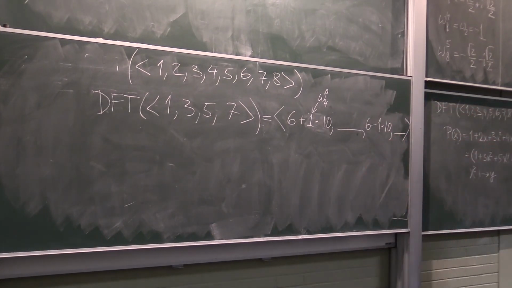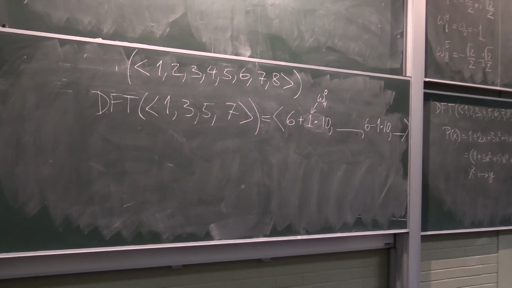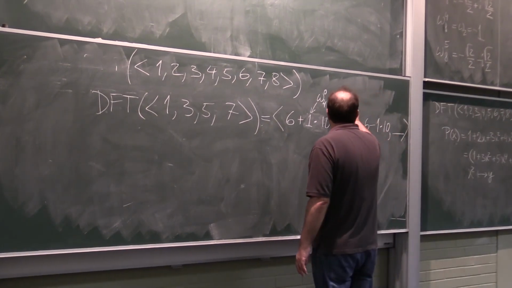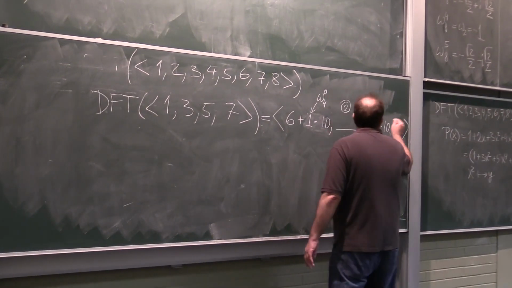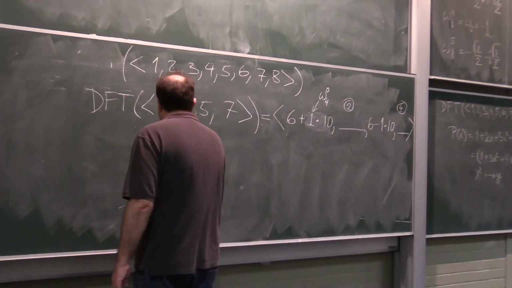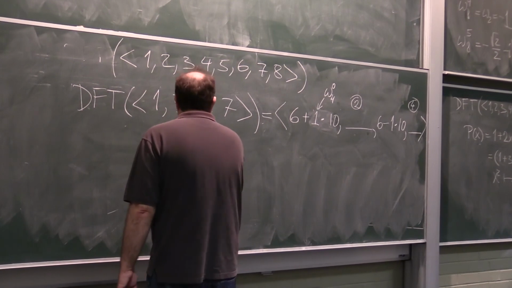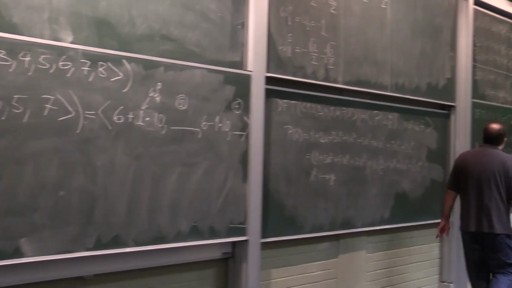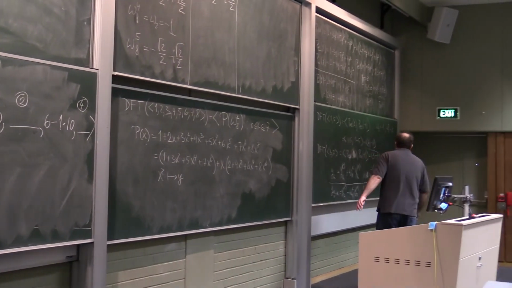That's the second coordinate. Let's denote this by 2, and this is 4, right? So what is 2? Well, this will be the second component of what we have, which is minus 4.